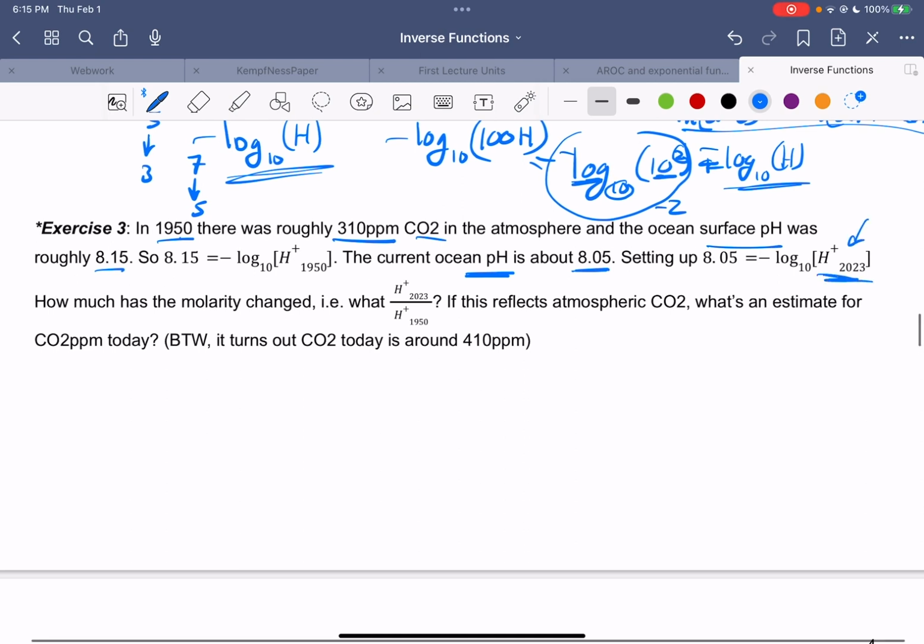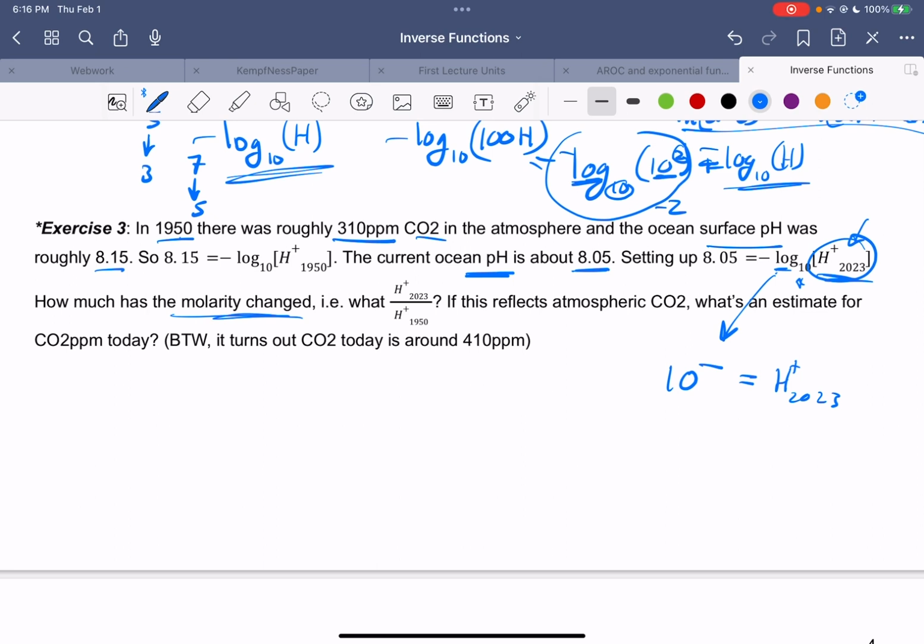If we're trying to figure out how many hydrogen ions that is, we have to solve this thing. How much has the molarity of hydrogen ions in the ocean changed? Well, let's take a peek. What log is saying is what power on 10, so 10 to some power had better equal that molarity, H plus in 2023, today's molarity, or I guess last year's.